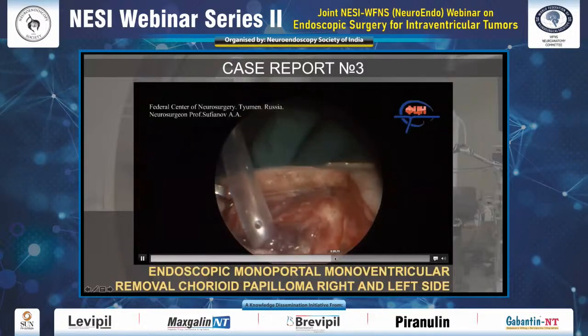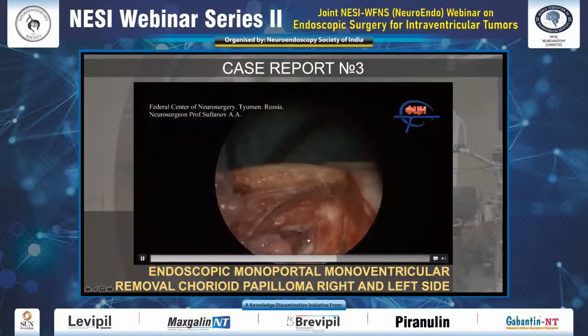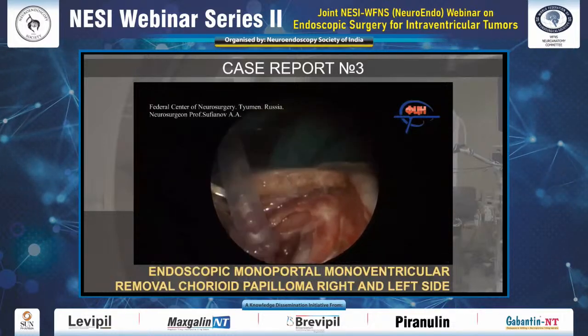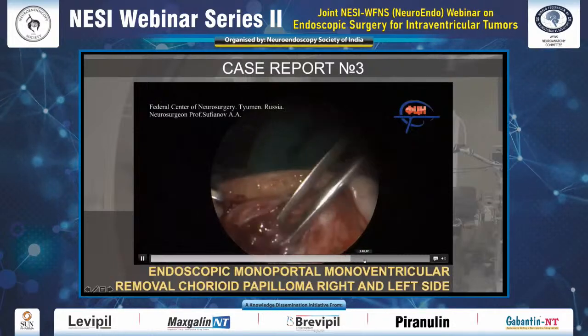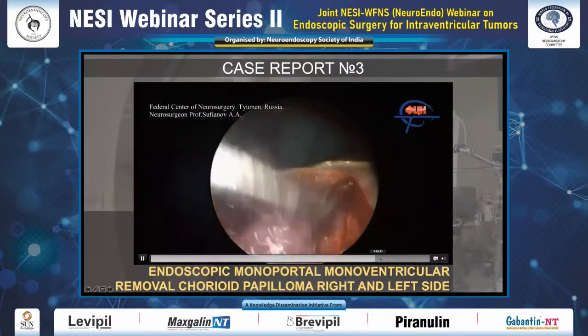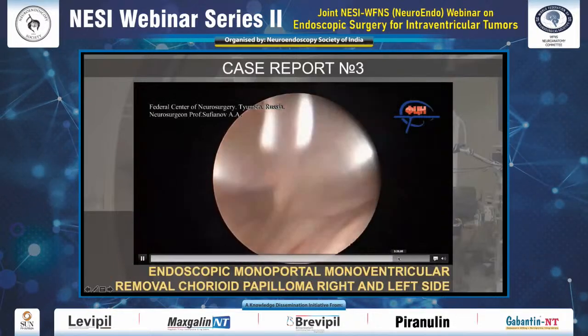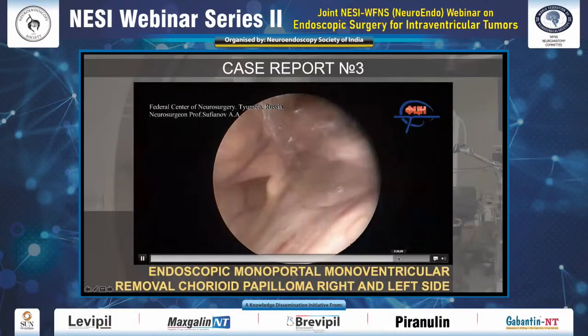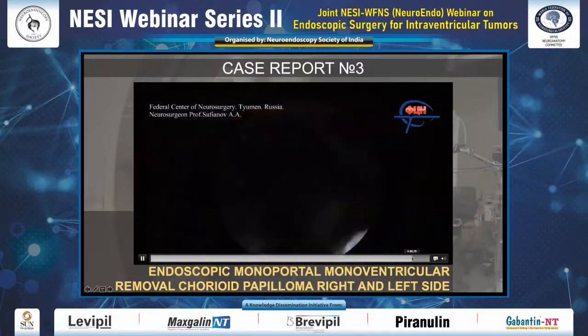And then removed from the other ventricle, so you see. A very small port, but it's possible to remove a big tumor. Check the ventricular system, no tumor inside, so totally removed.